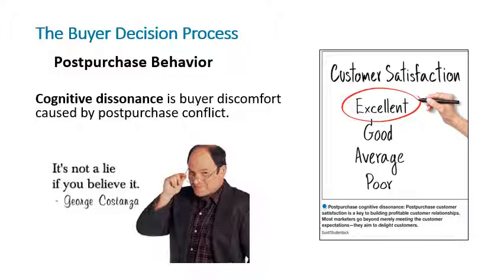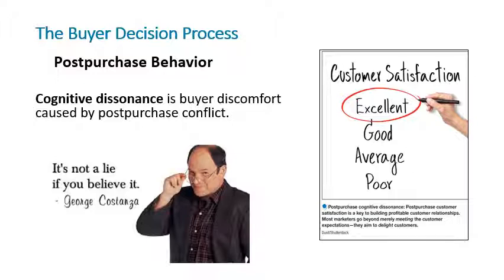One variable that is particularly important and should be measured post-purchase is customer satisfaction, and that's going to give us an idea about whether customers are actually making better choices or not.